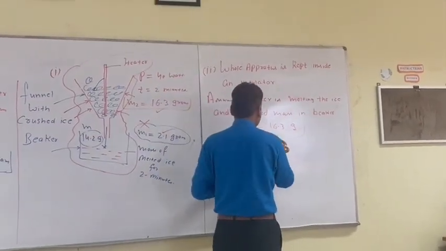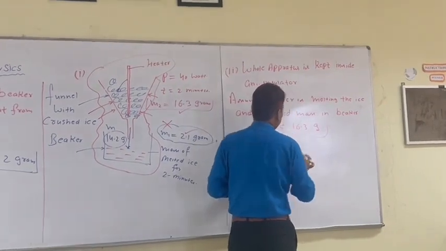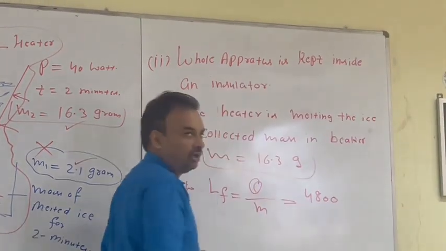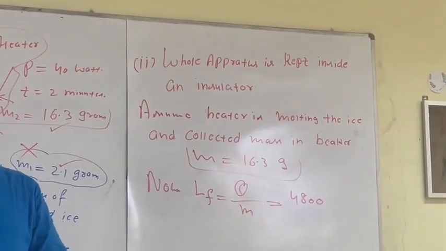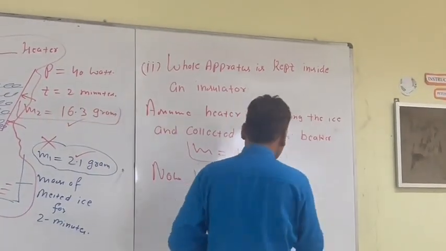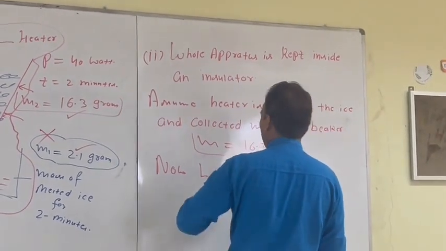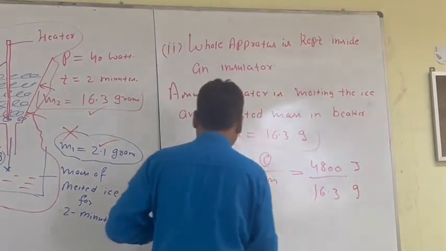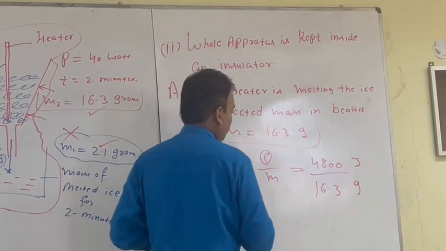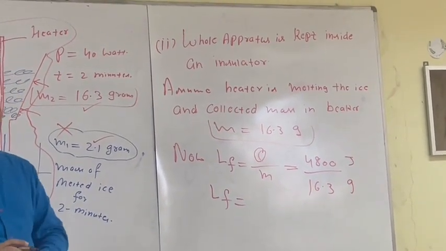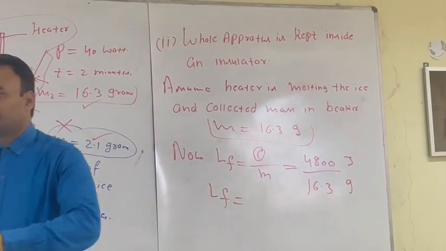So Q is the same, but there is a change in M. Again the same Q, 4,800, which means the heater is on for only 2 minutes, right? So M in this case is again 16.3 gram. Now the latent heat of fusion will be 4,800 joule divided by 16.3 gram.